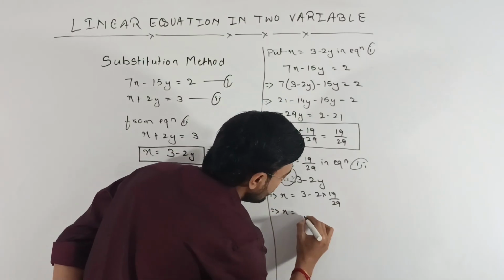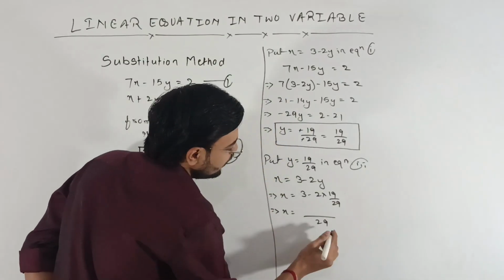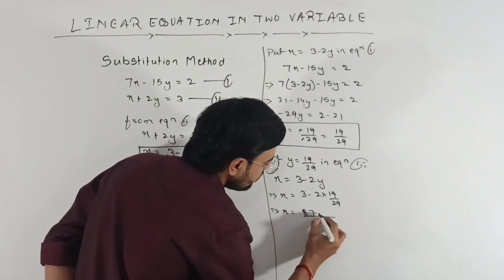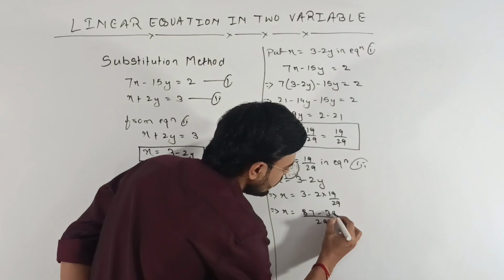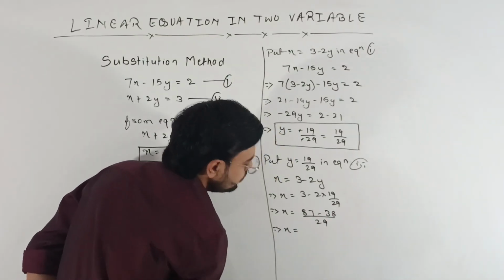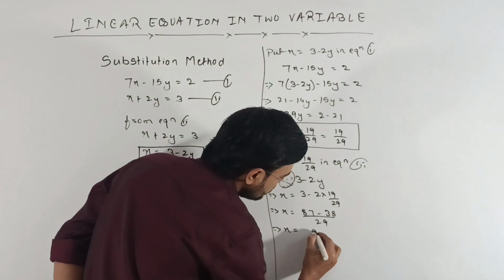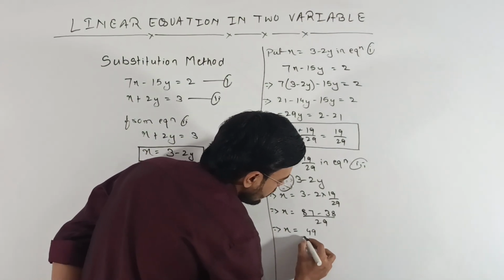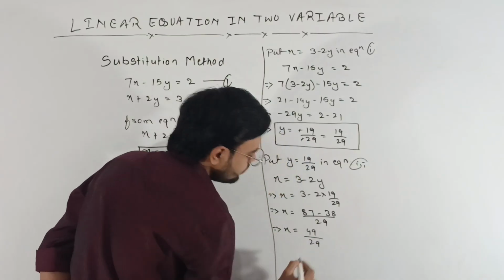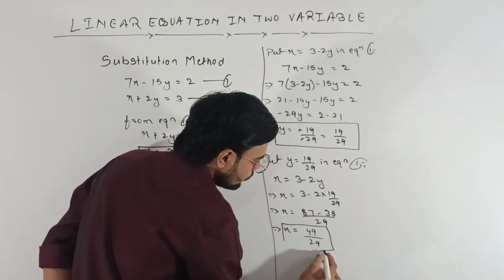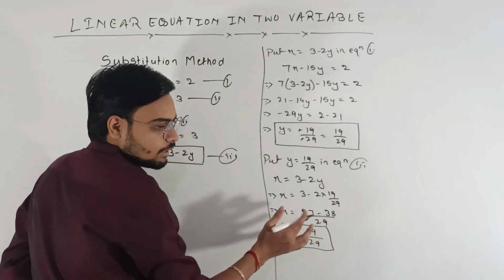So x equals, LCM is 29. 29 times 3 is 87, minus 19 times 2 is 38. Now subtract it. Then after subtracting, I get x = 49 upon 29. This is my x, that is 49 upon 29.